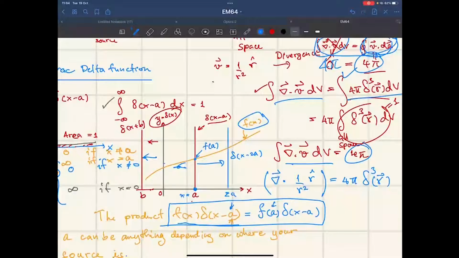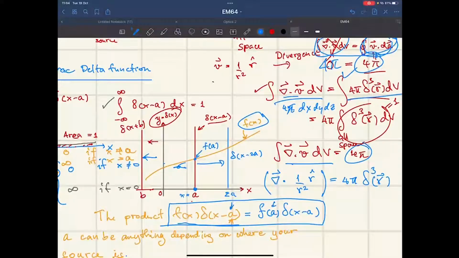Because it has a Dirac delta function, so we need to put it here because it is at the source, right? Yes, there's a source in there. And if you don't put the Dirac delta function in there, you say that this thing is equal to 4 pi alone. You have to do the integration dx, dy, dz, and you will get infinity.